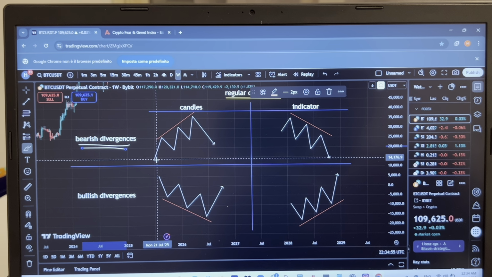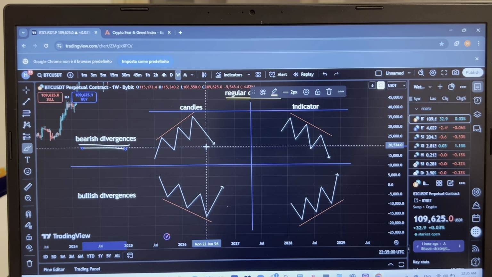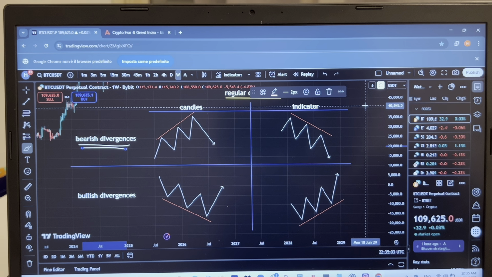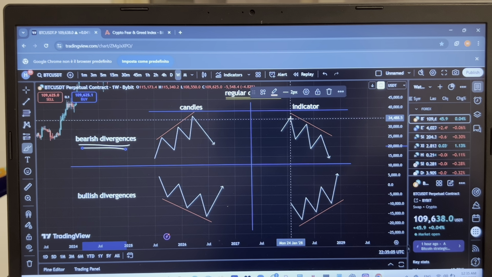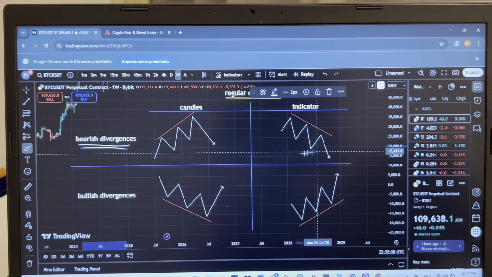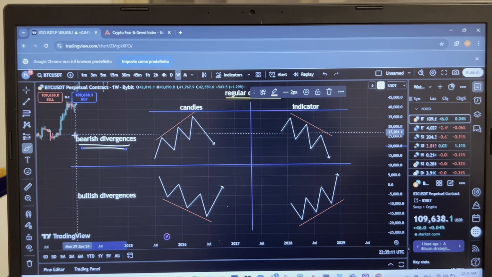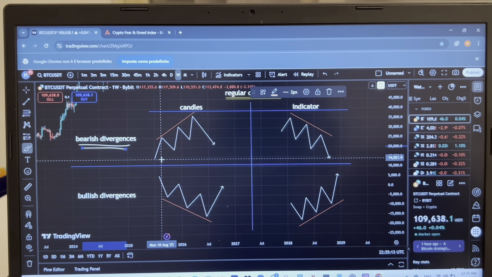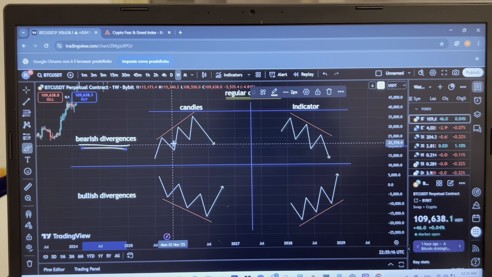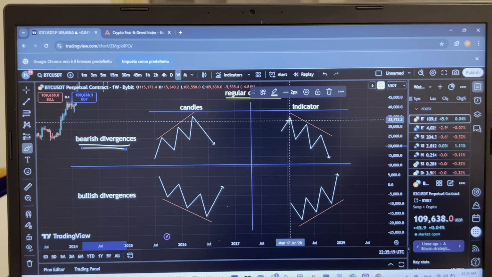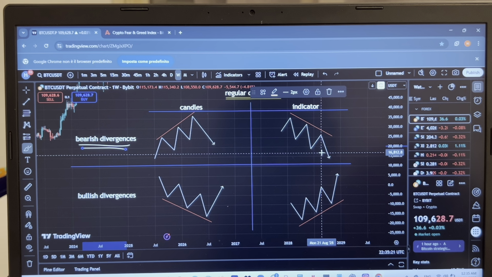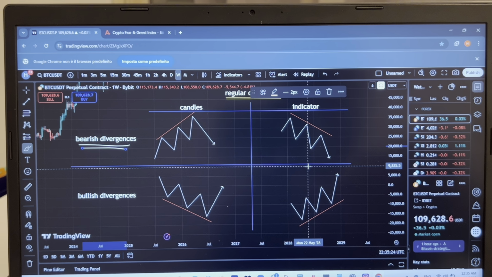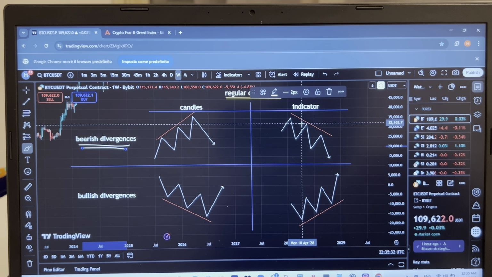When the candles are going in an uptrend, making higher highs, the RSI in this case is showing that it's making lower highs. That means the market is bearish. So even though the market is going up, the indicator shows that the market is going down. So the basic idea is that overall the market is going to go for a dip. It's going to be bearish in the future.